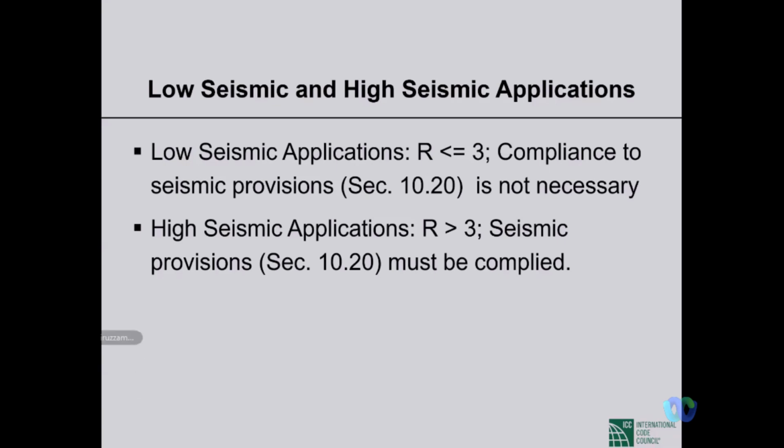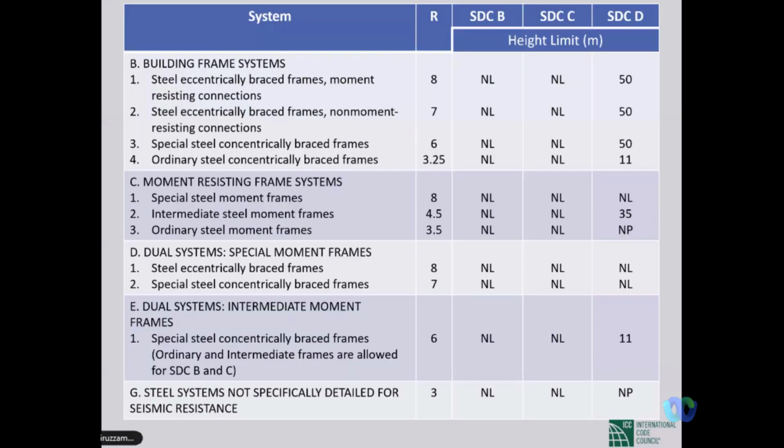Now, what does that mean? Let's see, when we use a value of R less than 3. I have mentioned here all the building types which are related to steel structures.